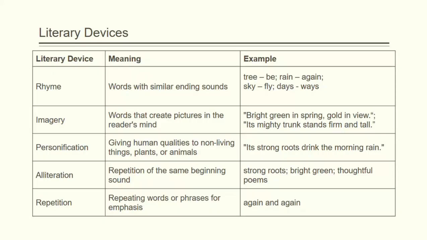Another one is personification, which means giving human qualities to a non-living thing, plants or animals. For example, its strong roots drink the morning rain. We know that trees do not have mouths to drink.